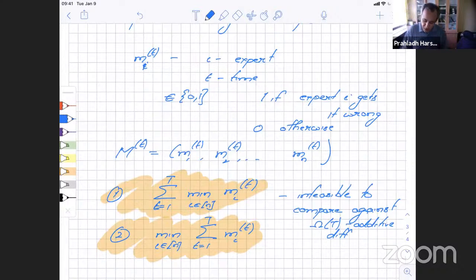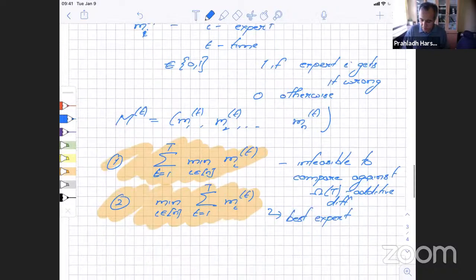So what we will actually work with is this notion, that is, the best expert with hindsight. And what we want to do is make the number of mistakes not something which looks like omega T. T is the maximum number of mistakes you can make, because if you're going to make a mistake at every step, that's the number of mistakes.